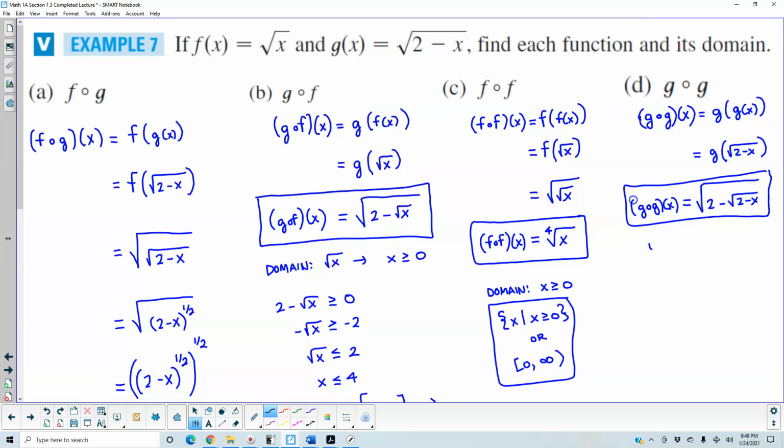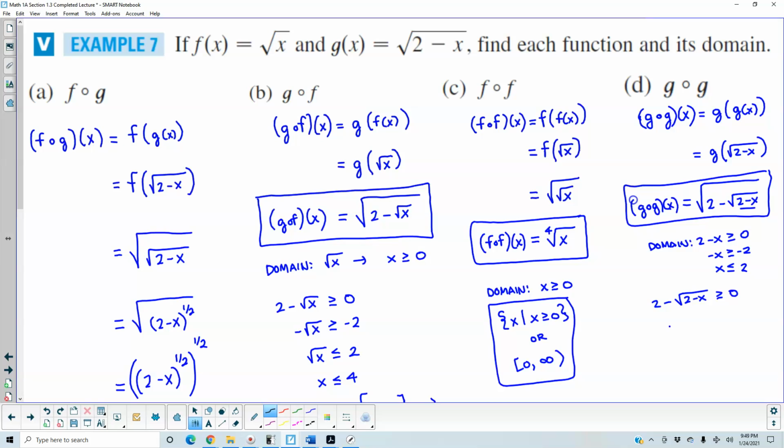So we need to find the domain of the part under the radical, which is 2 minus x, which has to be greater than or equal to 0. And if you recall, we did that earlier, which became x is less than or equal to 2. And then 2 minus the square root of 2 minus x has to be greater than or equal to 0.